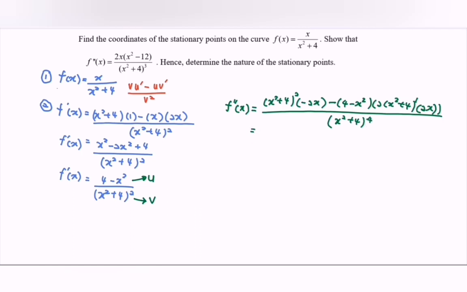Can we expand the situation? So we have x squared plus 4. Factor the situation, and we have the bracket. We have (x squared plus 4) multiply with negative 2x, minus 4x multiply with (4 minus x squared).